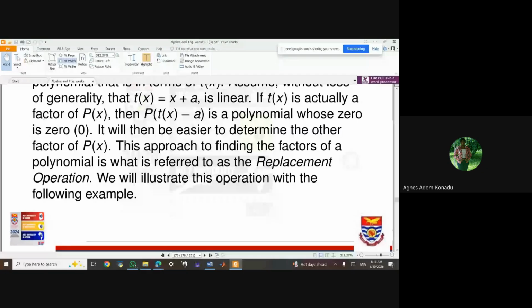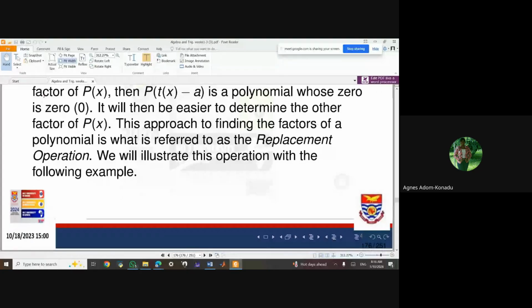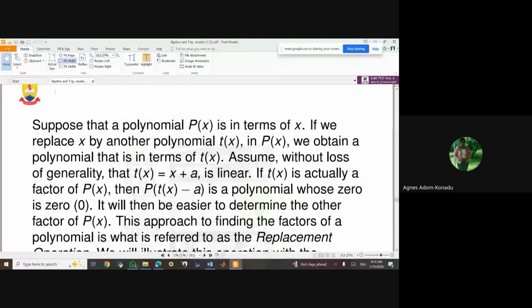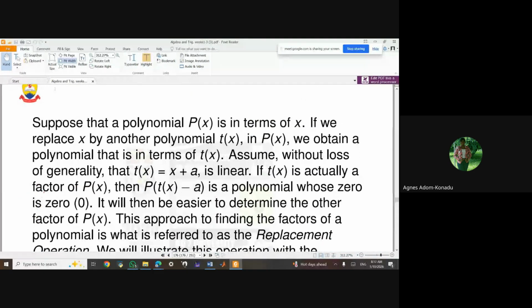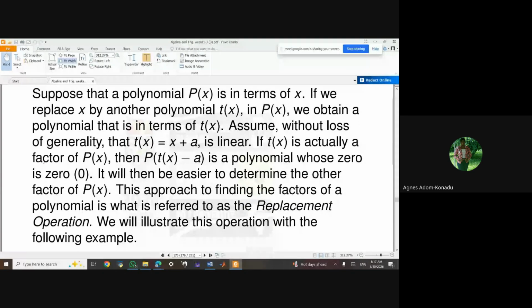We will illustrate this operation with the following example. What we are talking about is if I have a polynomial function P of x, then I will have maybe T plus a as a factor. Then I'll let my T be equal to x minus a.